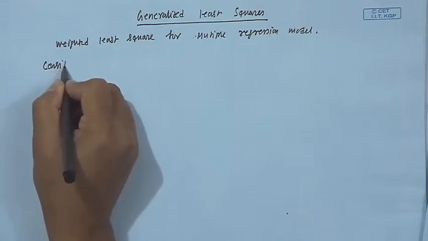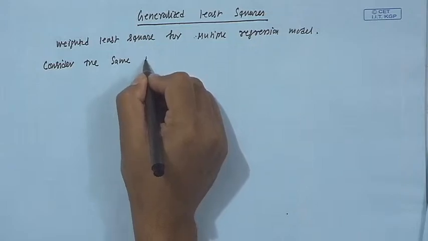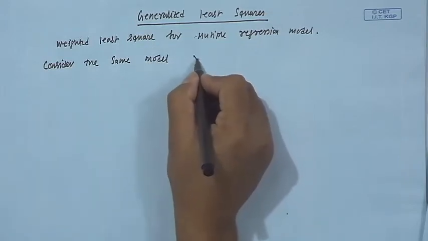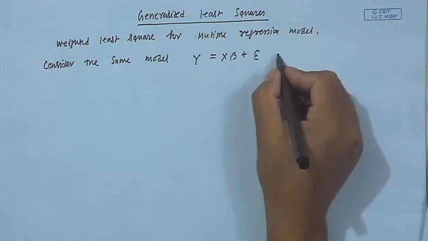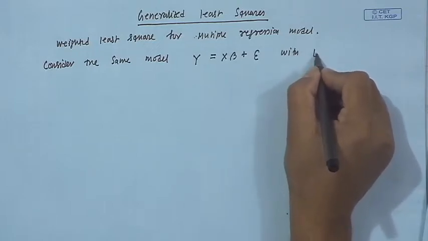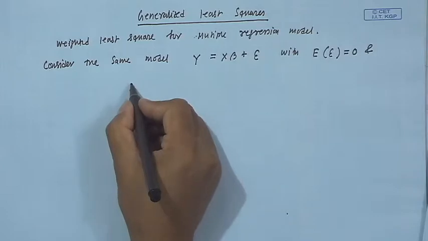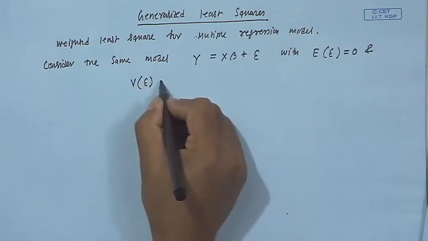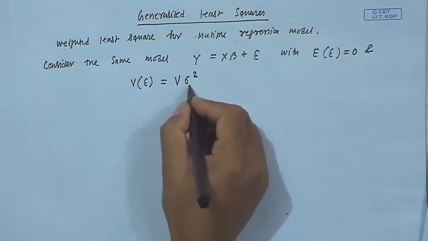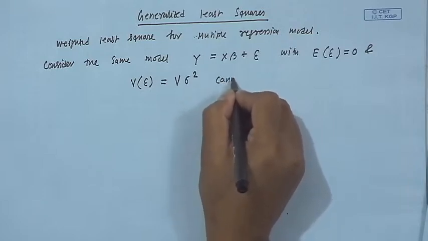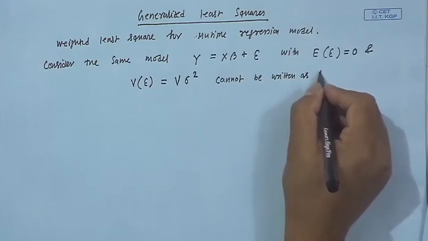So, you consider the same model, say y equal to X beta plus epsilon, with expectation of epsilon equal to 0 and variance of epsilon equal to V into sigma square, and this V into sigma square can't be written as I sigma square.